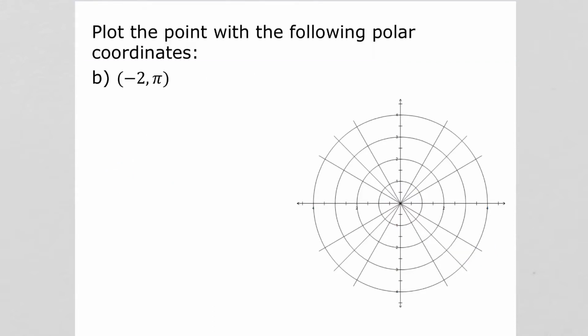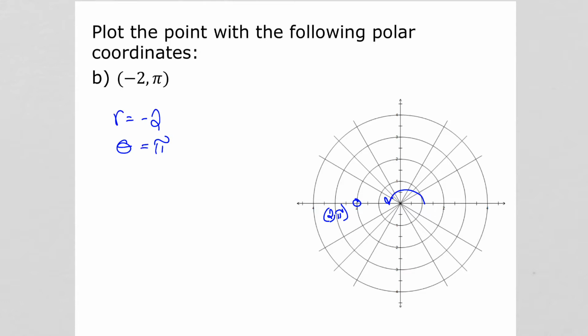Okay, another example. This is the point where r is -2 and theta is pi. So theta is pi, so we know it's over here. If we plotted this point, then this would be the point 2, pi, not -2, pi.